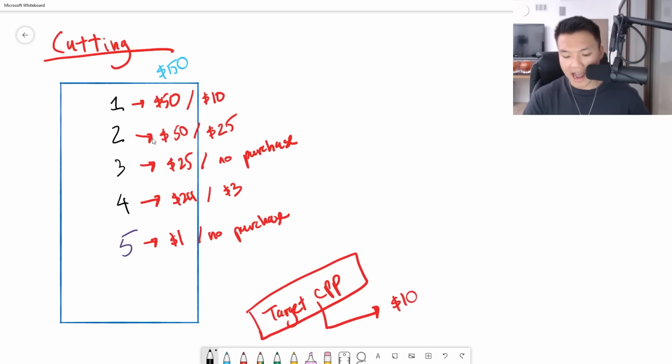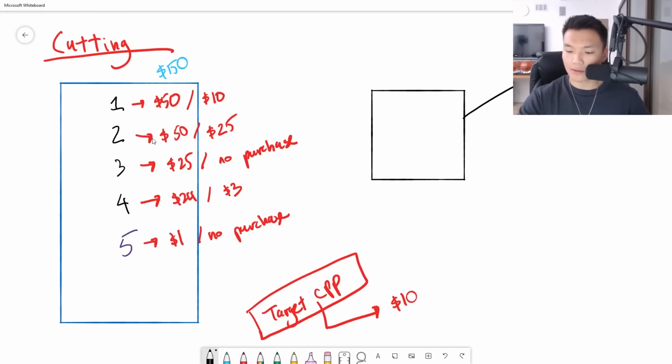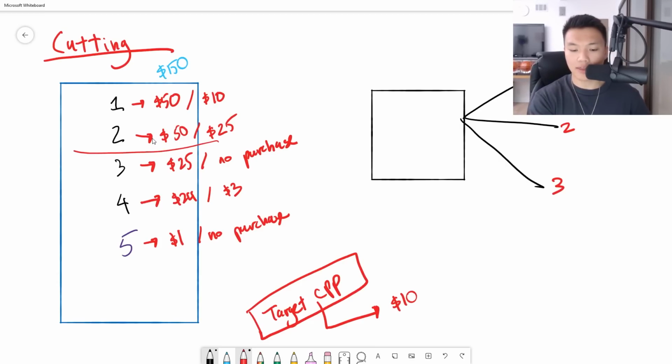So if we go to the ad set level, imagine this is the ad set. You've got 3 creatives going on in this thing: 1, 2, and 3. What if this ad set that we don't think is very good, which has spent $50 and we are ready to cut, because this is not a good cost per purchase, what if out of the $50, creative 1 spent $49, creative 2 spent $1, and creative 3 spent like 1 cent?